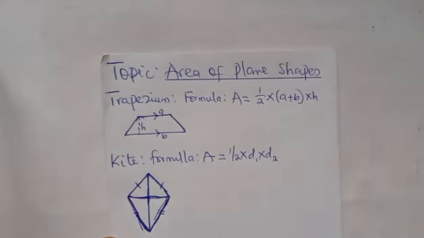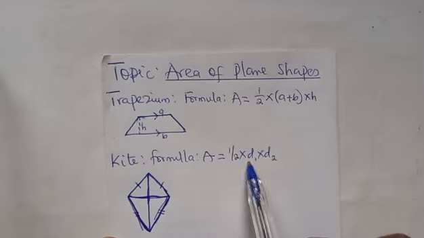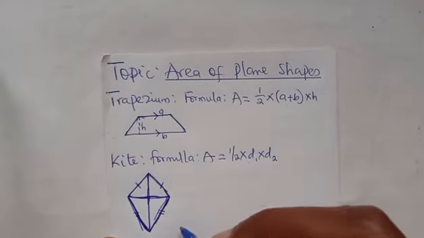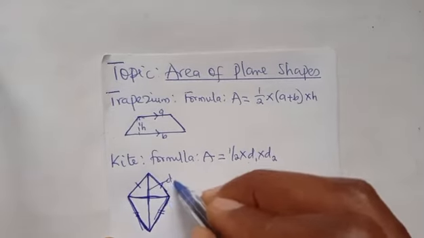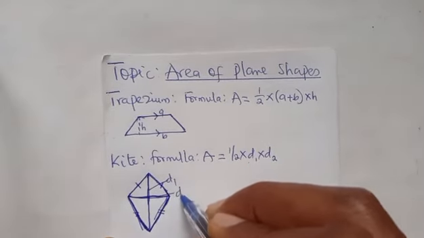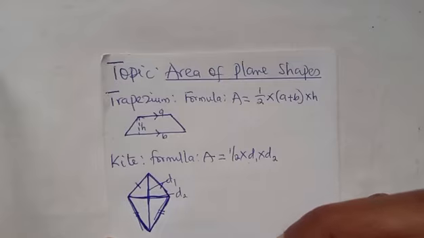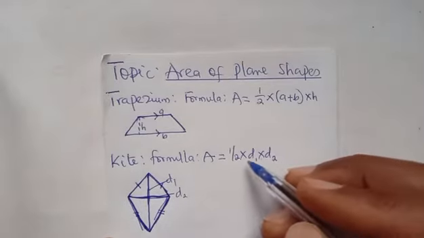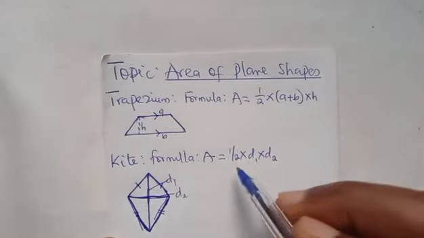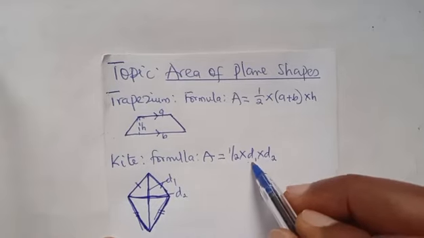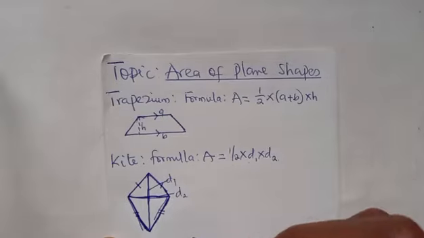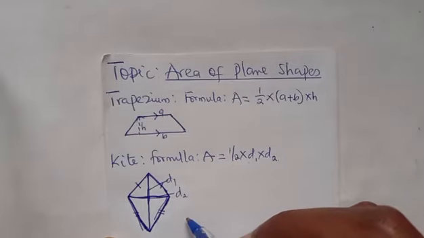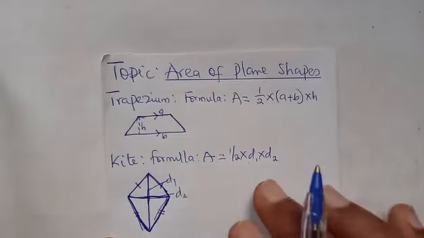Do you see now? D1 and D2 are diagonal 1 and diagonal 2. That is the area. The product of half the first diagonal and second diagonal will give you the area of a kite. Is that okay? Now, let's take the next one.